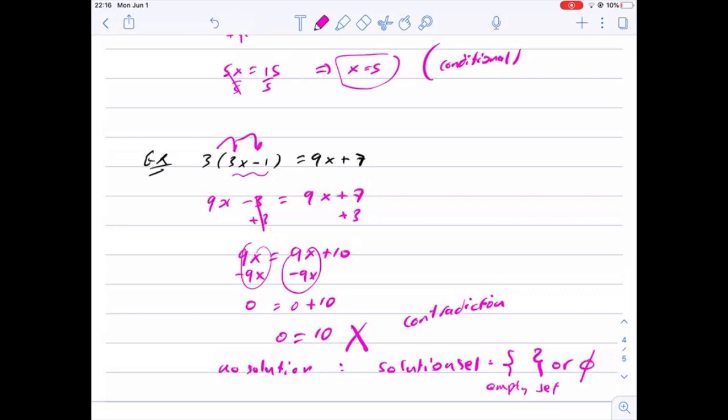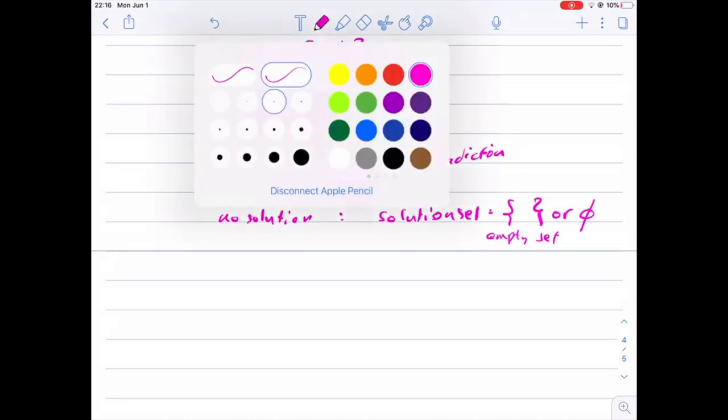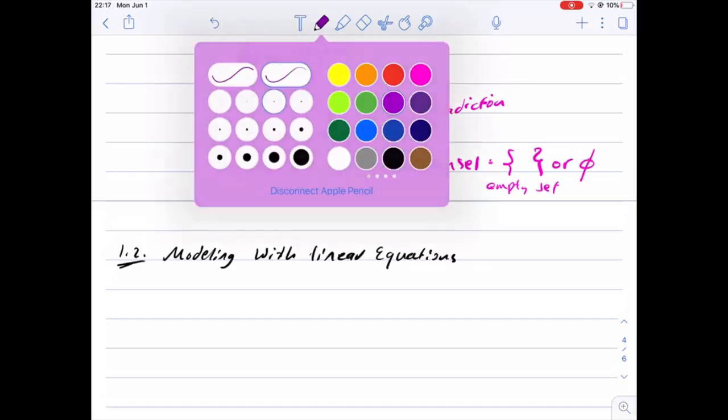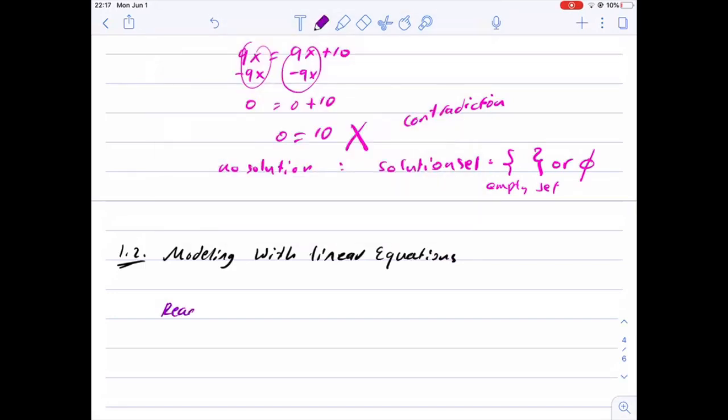Now that was section 1.1. Let's move to section 1.2, about modeling with linear equations. Here we have some steps. First, we read the problem, and then we assign a variable.